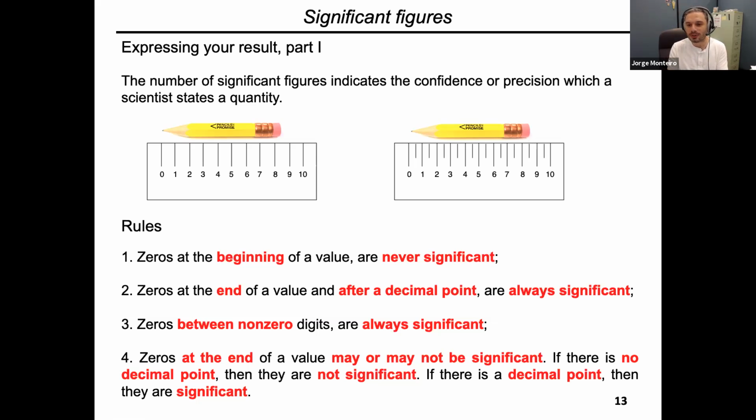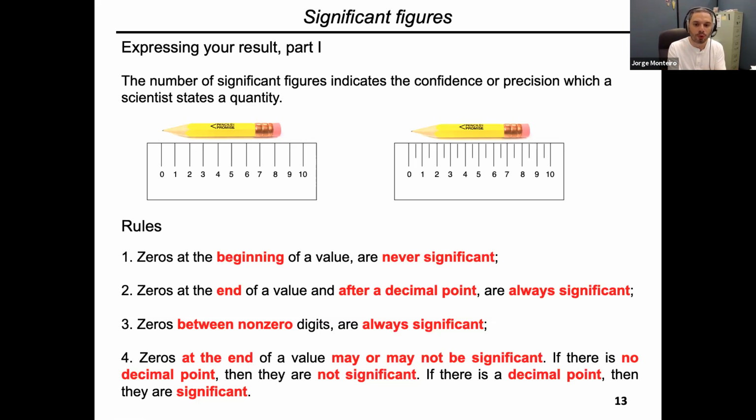Okay, so see here that using a different ruler, now we can say for sure it is 8.5, and we can estimate the third digit. So we are providing more digits to the measurement, more significant figures. That means we are increasing the confidence or precision of our measurement.